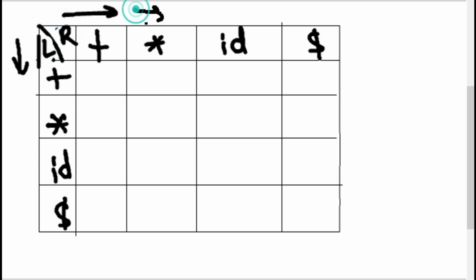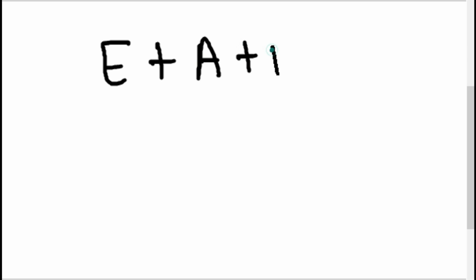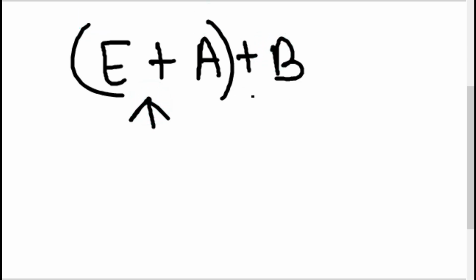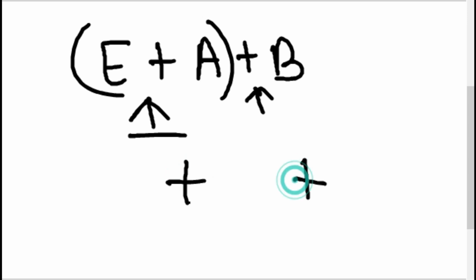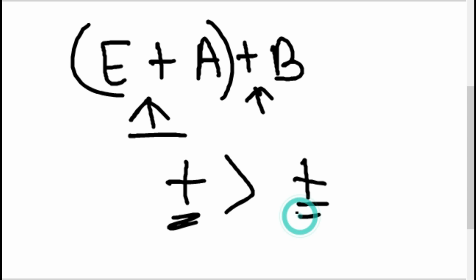If we see E plus A plus B, we will solve the left equation first and then the right one because it is on the left side. So in between plus and plus, the left plus has a higher precedence over the plus on the right side, and that is why the left plus will have a higher priority.